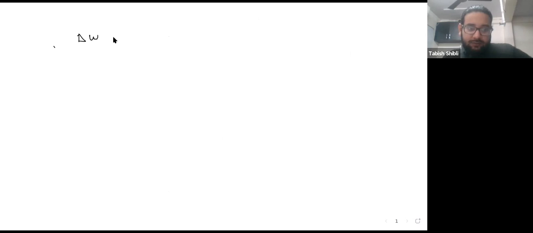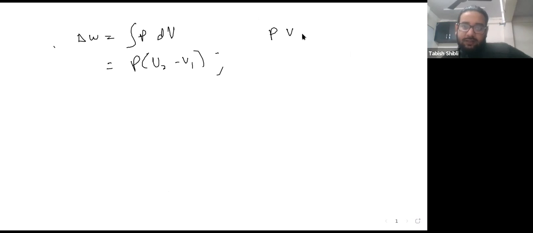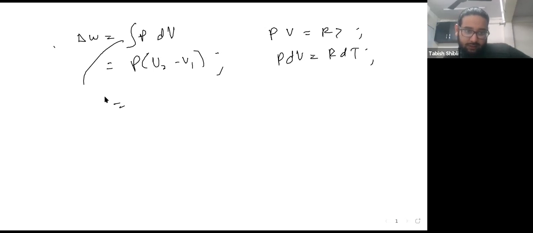What about the work done? Well, work done is just equal to PdV, and you can just integrate this and say P times (V2 minus V1), or you can be fancy and say PV is equal to RT, so my PdV is equal to R dT. So this is also equal to an integral over R dT, which is nothing but R times (T2 minus T1).